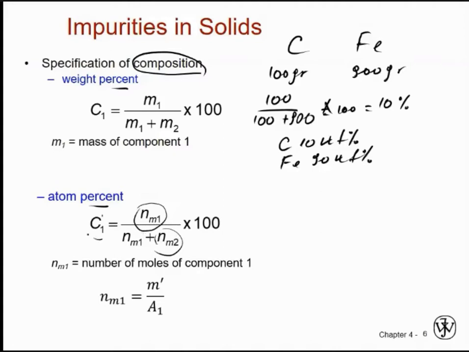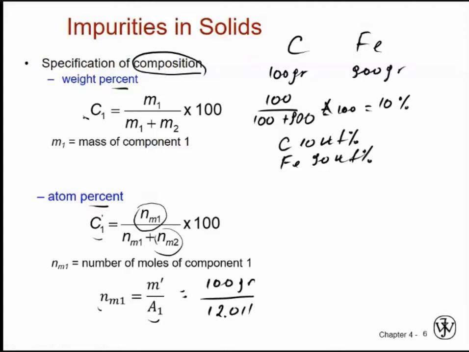The value will be different from weight percent. And in order to find it, if you know the mass of carbon, which was 100 grams, and the atomic weight, we can read this from the periodic table. For carbon, if I remember correctly, it was this. And divide it, find the number of moles for carbon, and do the same for iron, replace and find atom percent.